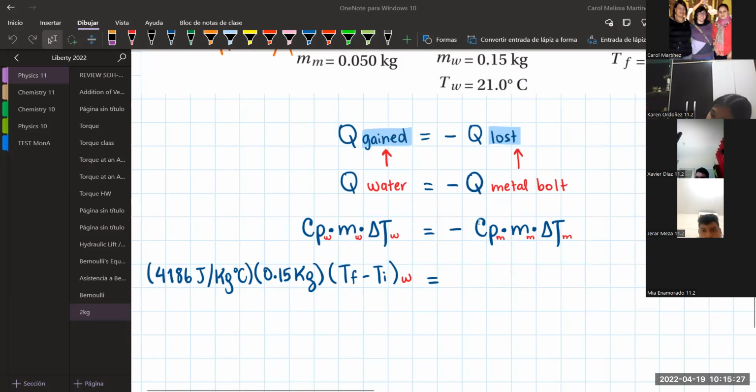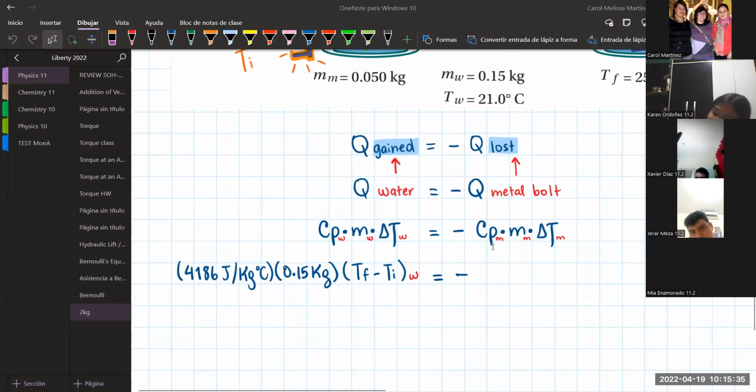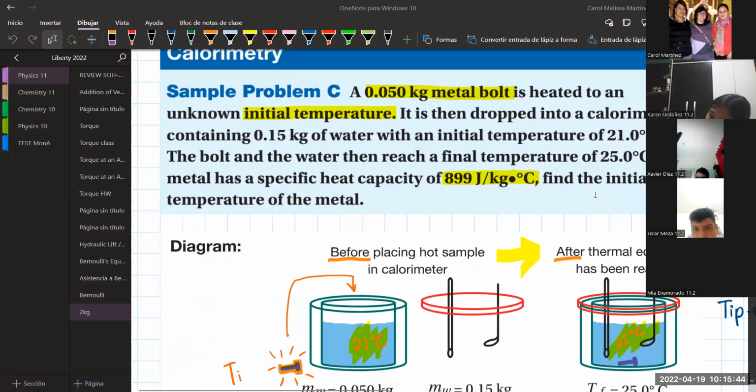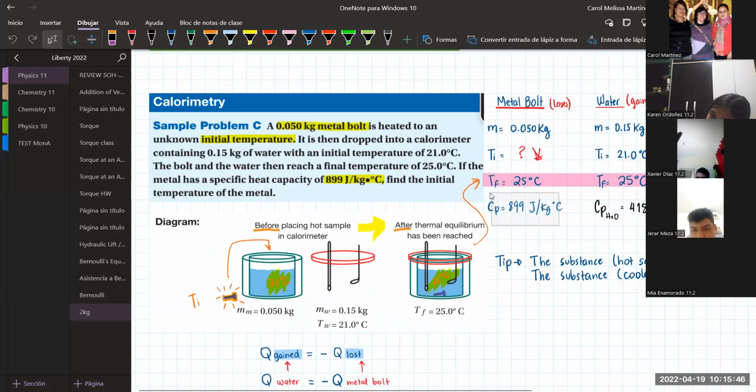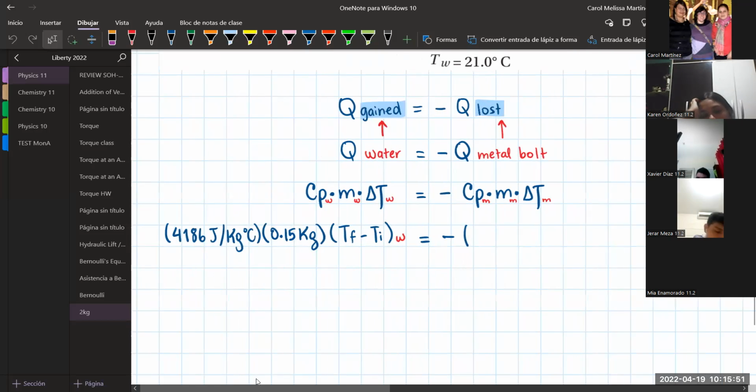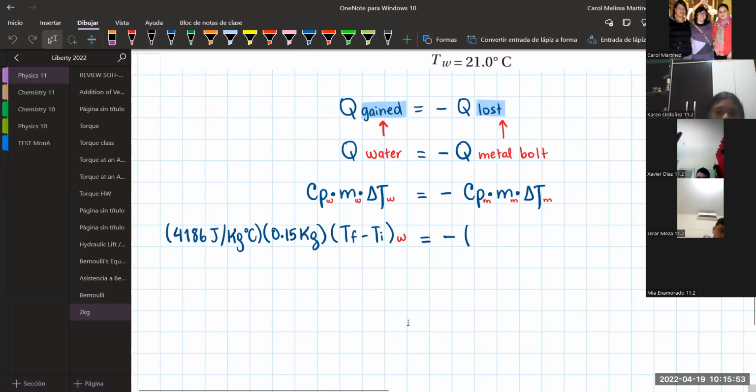So what do I have on the other side? I have minus the specific heat capacity of the metal. What is the specific heat capacity of the metal? It is 899 joules over kilogram Celsius.